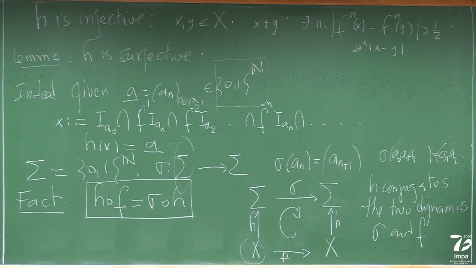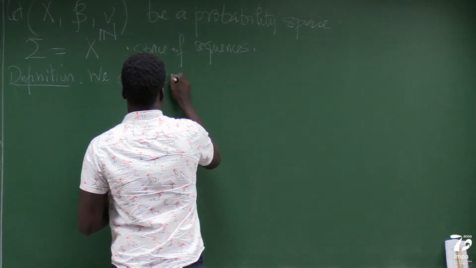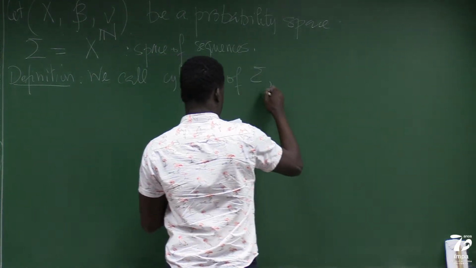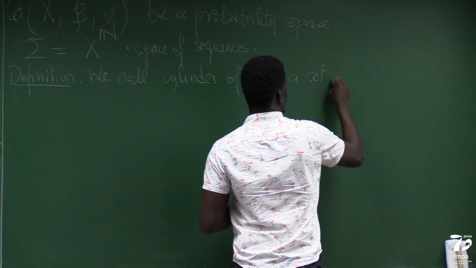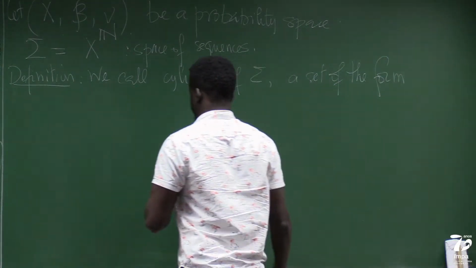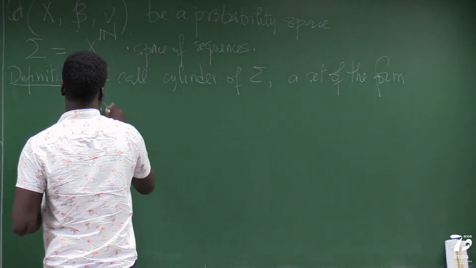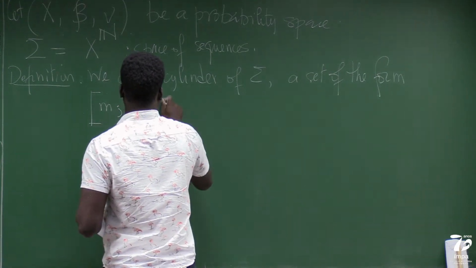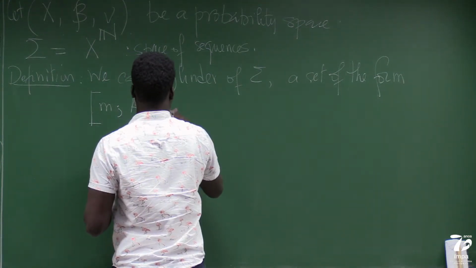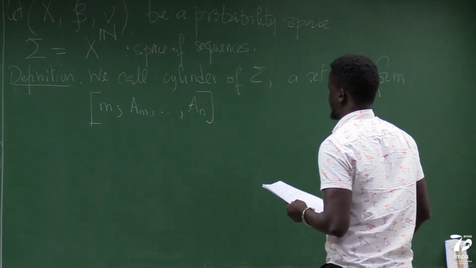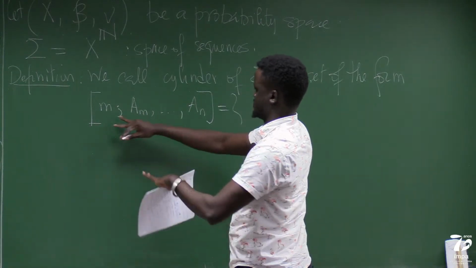So we call a cylinder of sigma a set of the form [a_m, ..., a_n], where m is smaller than n here, which is a notation, okay?